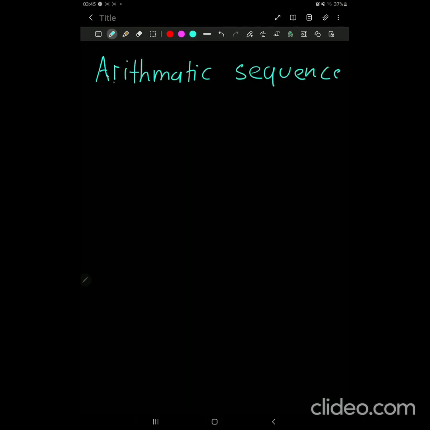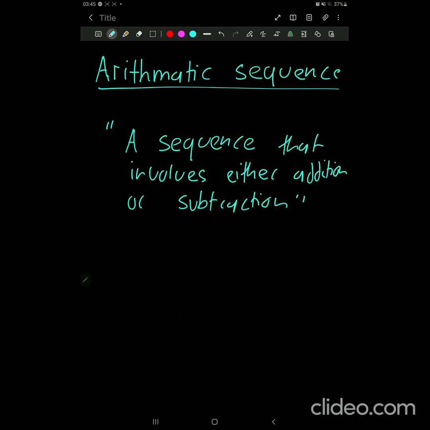First of all is arithmetic sequence. From the example, an arithmetic sequence is basically a sequence that involves either addition or subtraction. What I mean by this is the rule that an arithmetic sequence follows is either going to be addition or subtraction. For example, 5, 10, 15, 20.